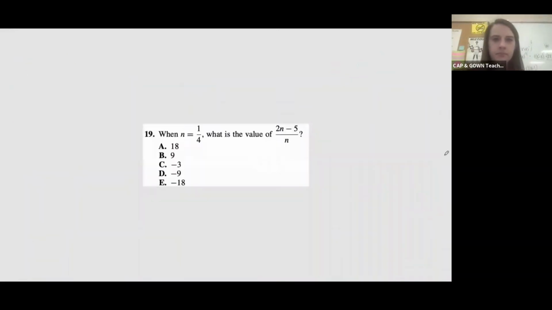Okay. All right, so number 19, when n equals 1/4, what is the value of 2n minus 5 divided by n? So anytime they give you that value, you plug it in to where you see the variable. So it's 2 times 1/4 minus 5 over 1/4.